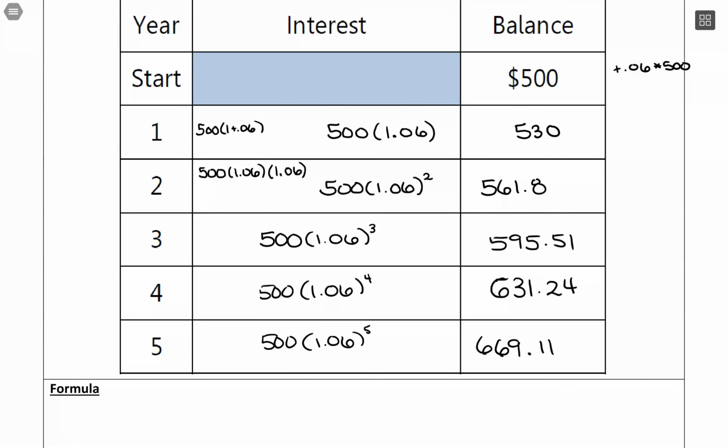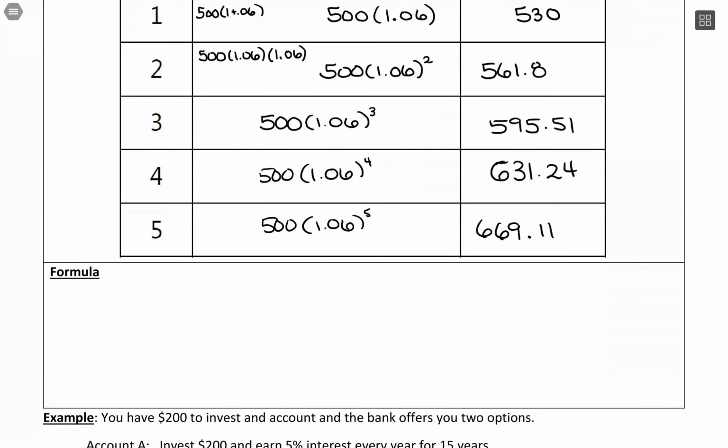And then with seeing this breakdown here, we can start to see how the formula comes together. We'll have our principal, so we'll have our starting amount. We'll have 1 plus the rate that we're using to represent 100% with that added on rate. And then in the exponent, we'll be seeing the number of years that have passed, because that'll bring through this idea of how many times we want to take that 106%.